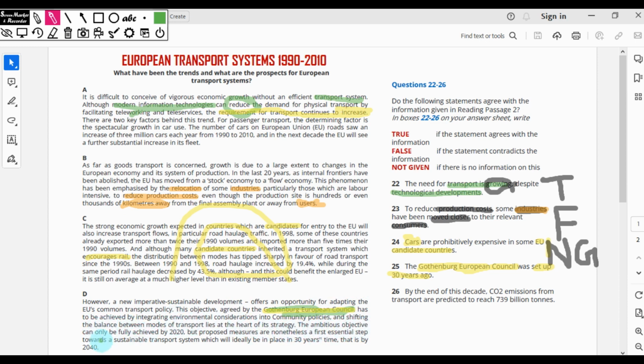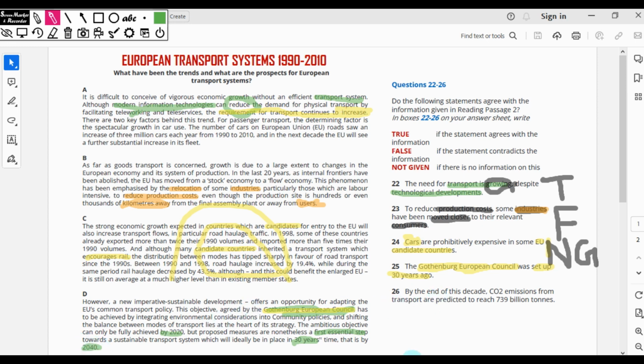The ambitious goal can only be achieved by 2020. The first essential step towards a sustainable development system was ideally placed 30 years, and the keyword is time, that is by 2040.